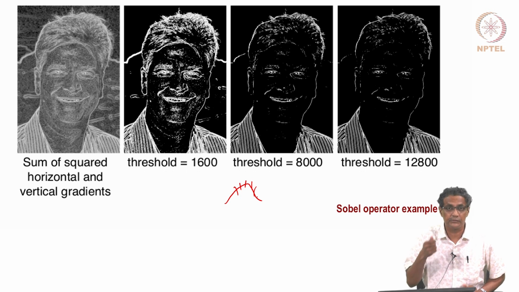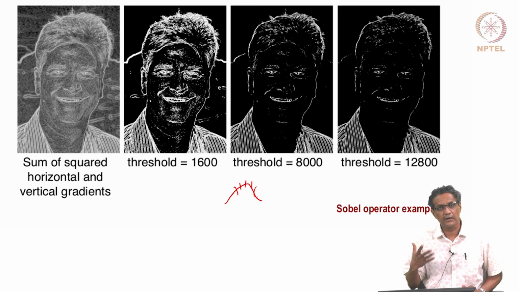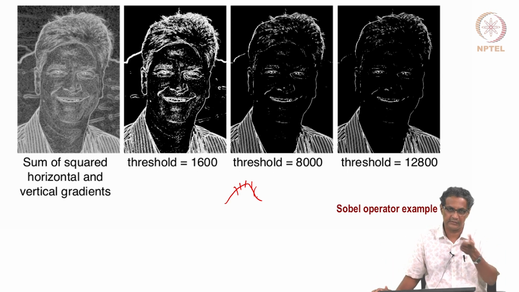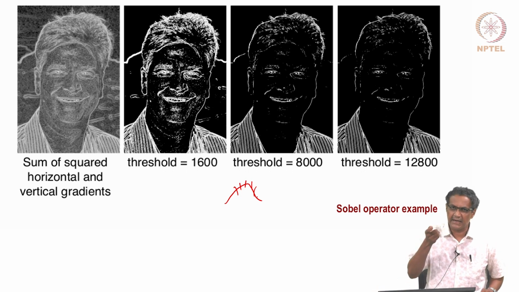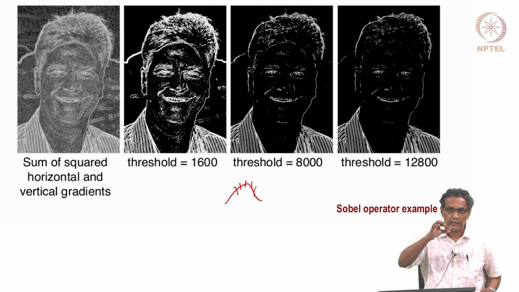So which is why it's not easy to simply take the magnitude of the gradient and use only that information for thresholding, because of the single response that you really need. If you have an edge, you ideally need a single pixel contour. You don't want a thick contour.